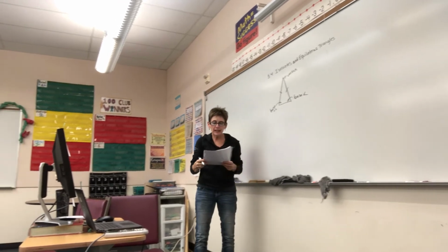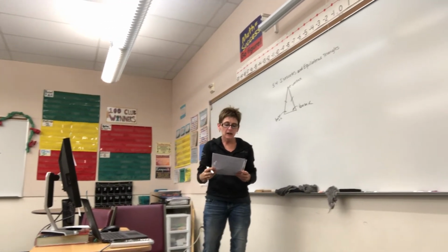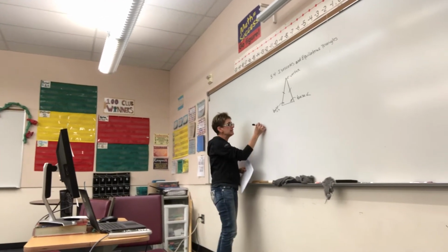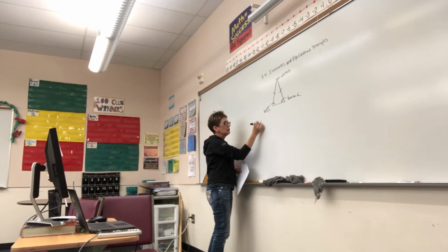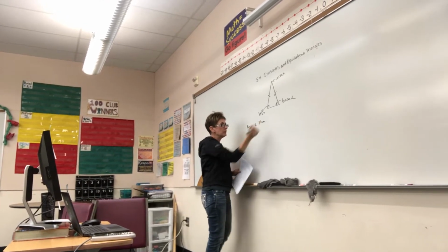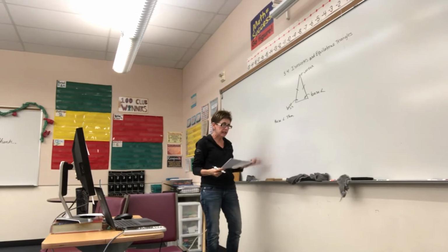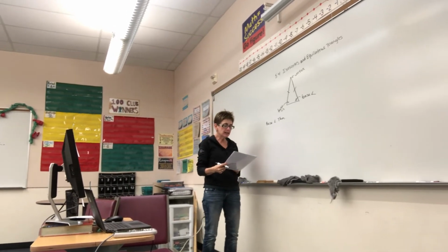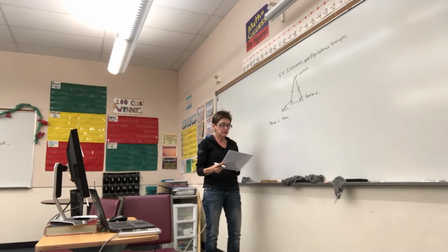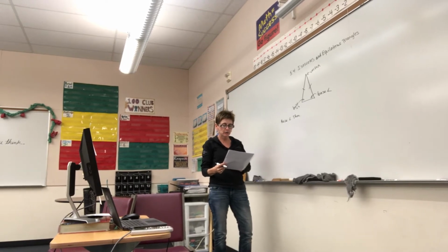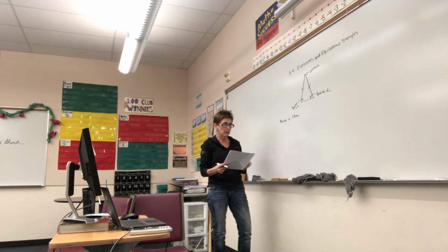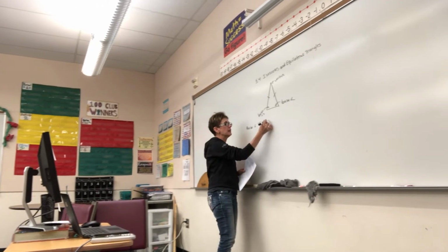So we're going to learn a couple theorems. The first is the base angle theorem. And it's okay to abbreviate theorem just THM. The base angle theorem tells us if two sides of a triangle are congruent, then the angles opposite them are. So let's write that down.